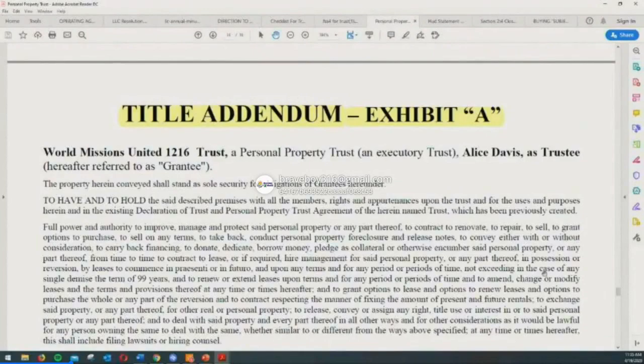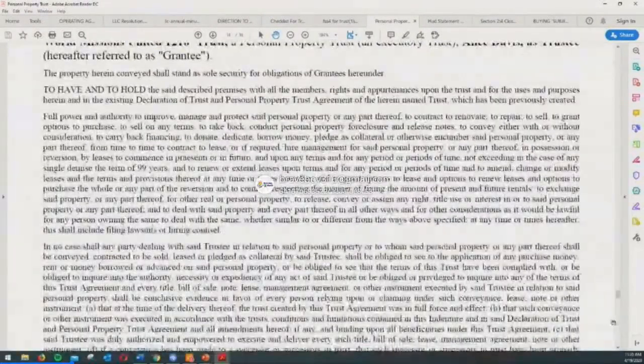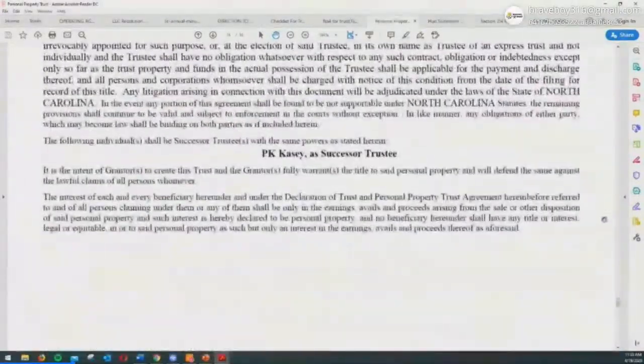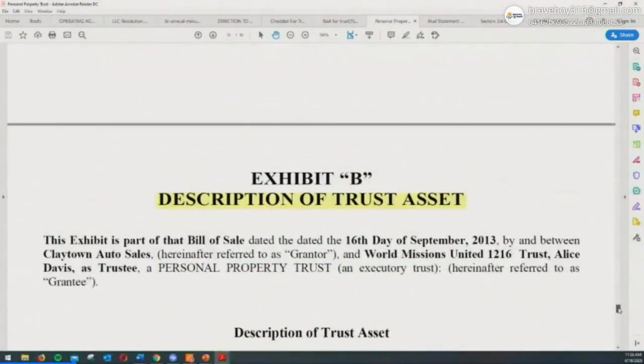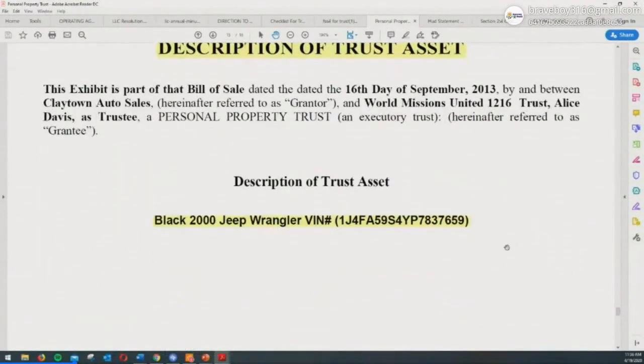So this is just an addendum to the title. Okay. Again, Exhibit B is your description of the trust asset. Basically just says that you have a black 2000 Jeep Wrangler.